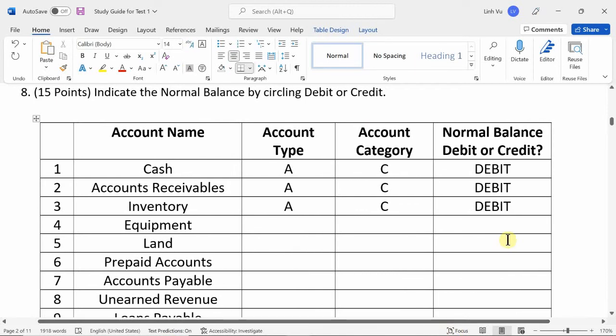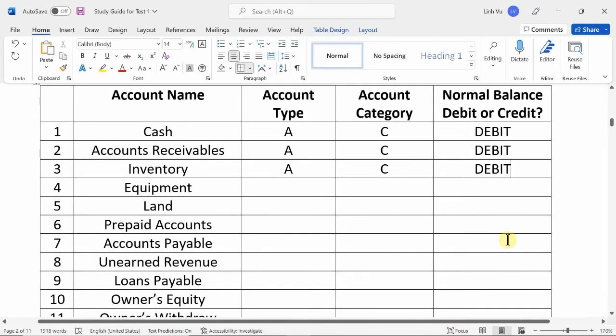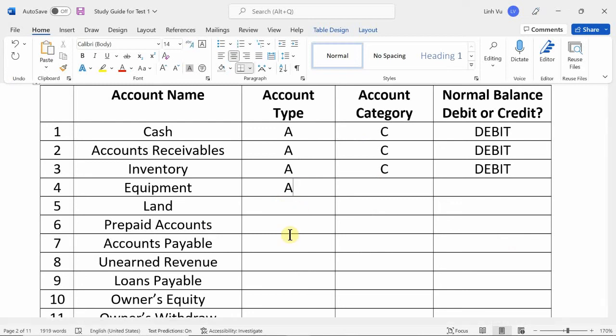So next one we have is equipment. What kind of account is equipment? It's an asset. Now, what kind of asset? Current.